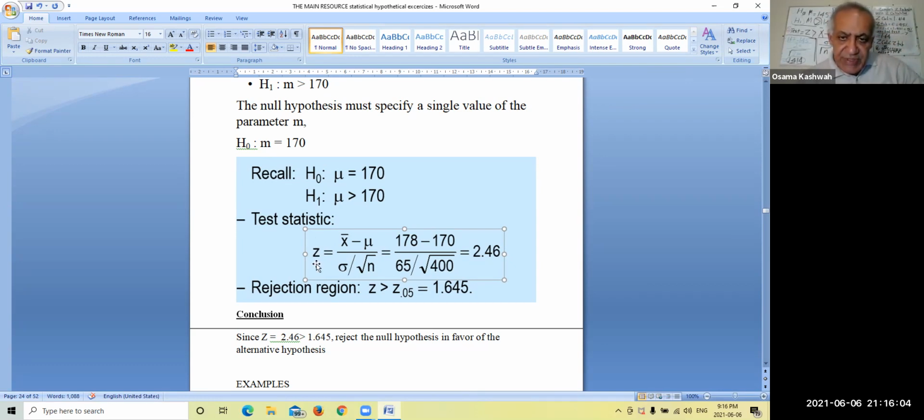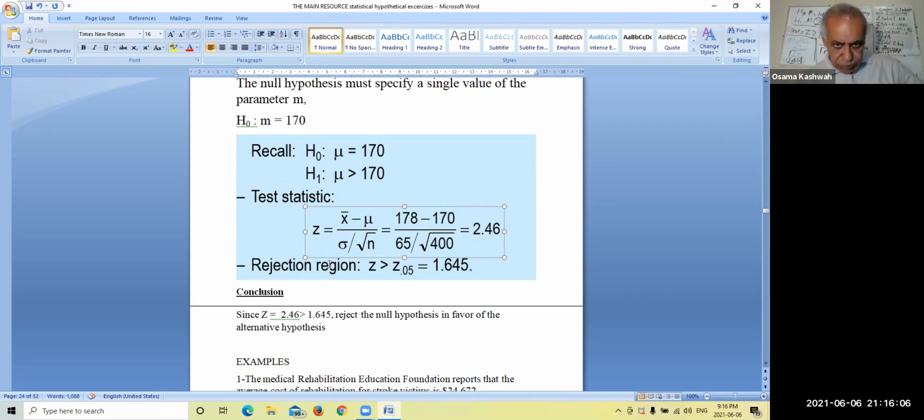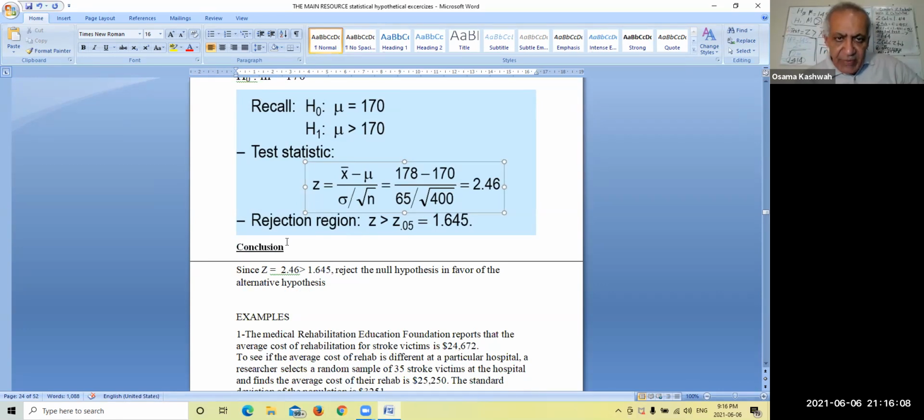For that reason, we use Z. We compare Z tabulated and Z calculated. Z calculated is 2.46 and Z tabulated is 1.64. So the calculated is greater than the tabulated, which means we will not accept H0 and we will accept H1.